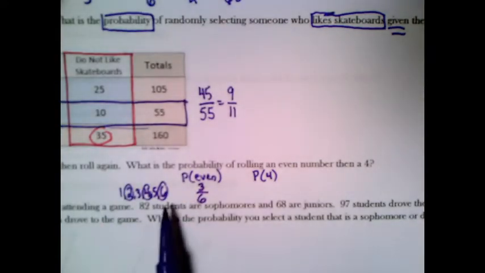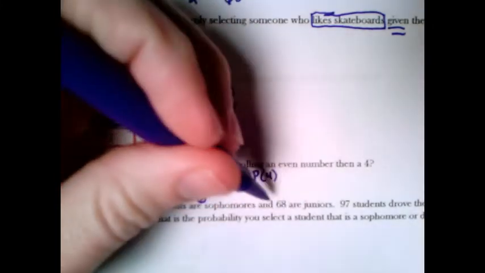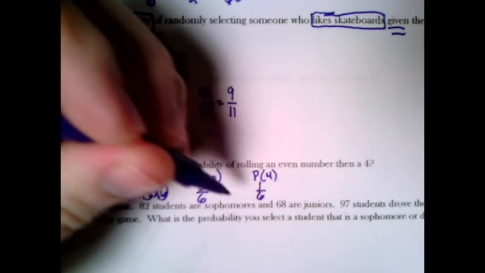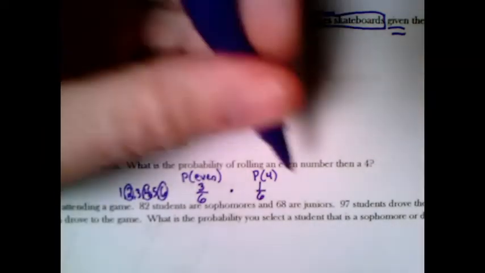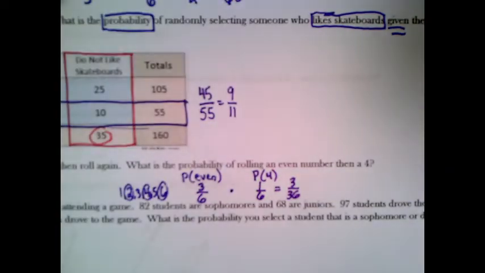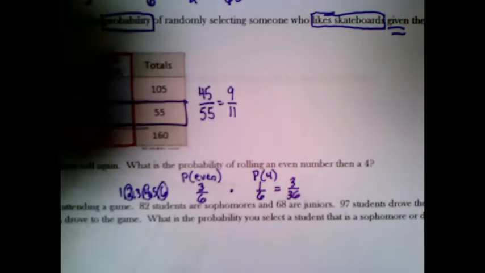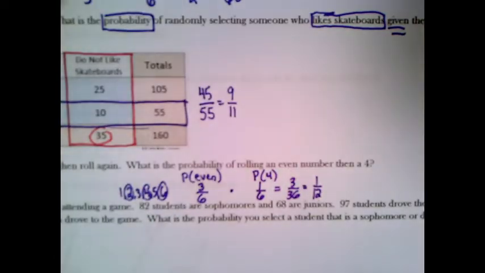Probability that it's a 4, if I look over here, there's only 1 that I like, or want, out of the 6. So we're going to multiply those. 3 times 1 is 3. 6 times 6 is 36. I can simplify that, and that gives me 1 over 12. Again, if you don't remember how to simplify, just ask me, and I'll show you tomorrow.